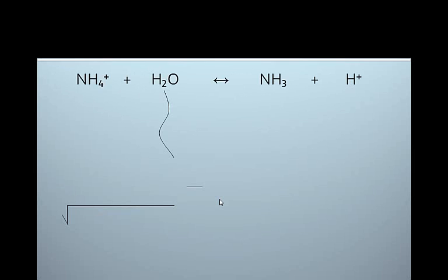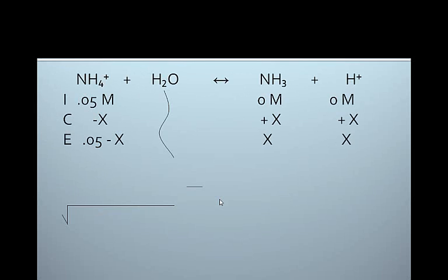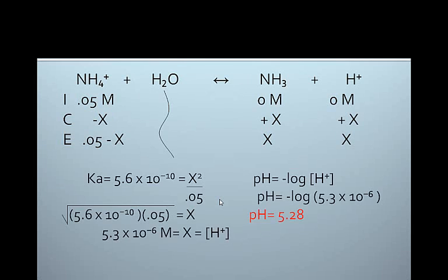And then do an ICE equation to find out the H plus that we have left. And this will give us our pH. So 0.05 molar of ammonium, and initially we have 0 molar of ammonia and the H plus. So after we do the ICE table, we set up our Ka expression, and this equals 5.6 times 10 to the negative 10 equals x squared over 0.05.